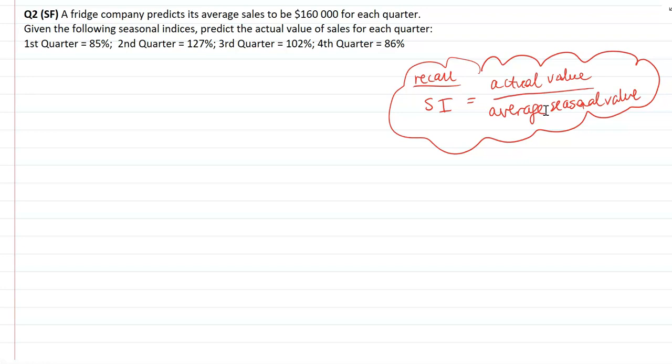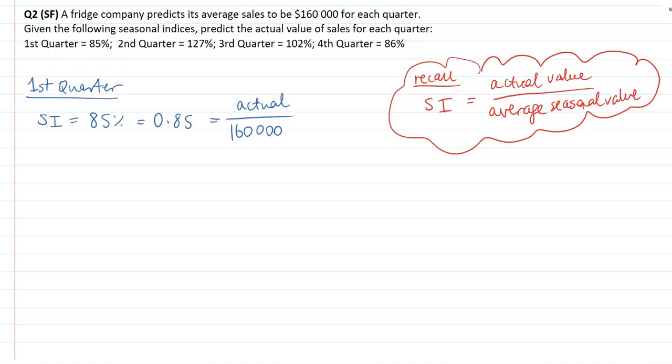In this second example, we've got a fridge company predicting average sales of $160,000 for each quarter, and we're given the seasonal indices, and they want us to find the actual values of sales for each quarter. So this is where we're working backwards using that seasonal index formula, and we're just going to rearrange it a little bit because the seasonal index for each quarter is going to be the actual value divided by the average seasonal value.